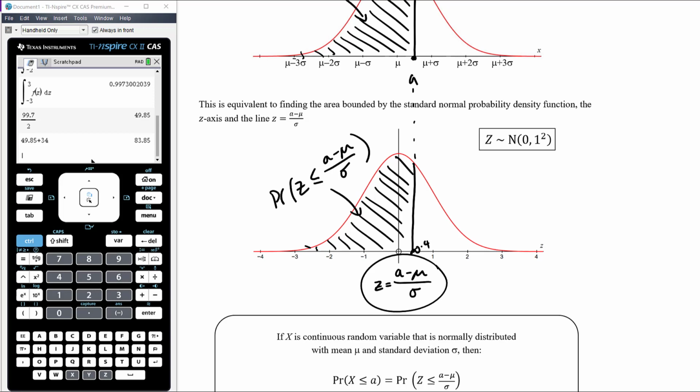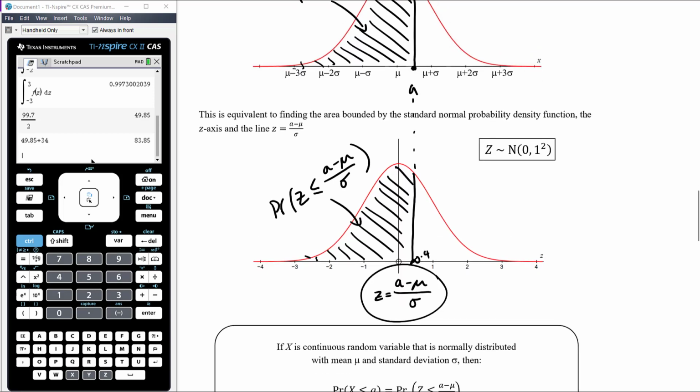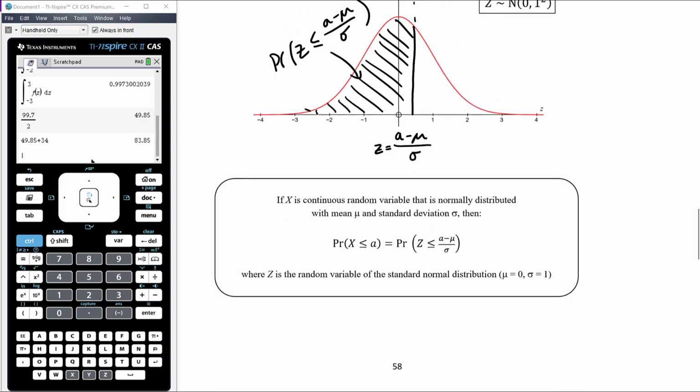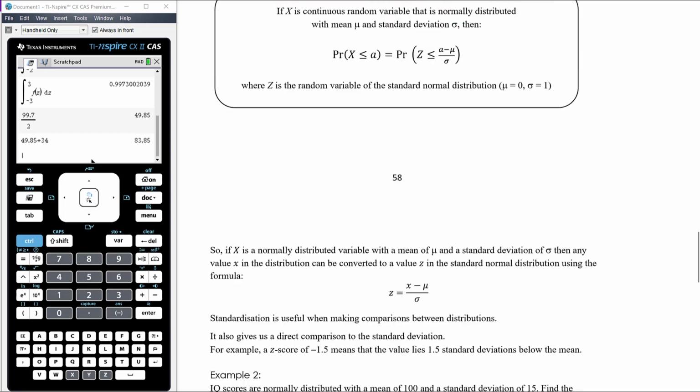If I know that the Z-score for a is 0.4, that its equivalent value in the standard normal distribution is 0.4, that tells me a is about 0.4 of a standard deviation above the mean. If I got a Z-score that was negative, that would tell me my value is actually below the mean. And obviously it gives you a sense of how far away from the mean it is.